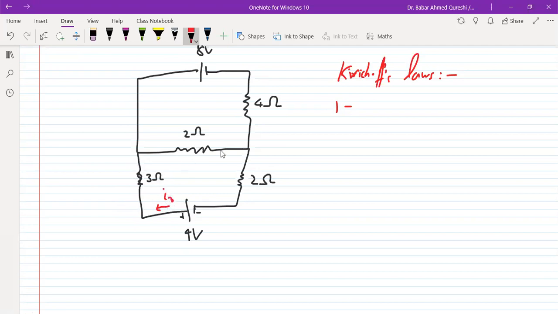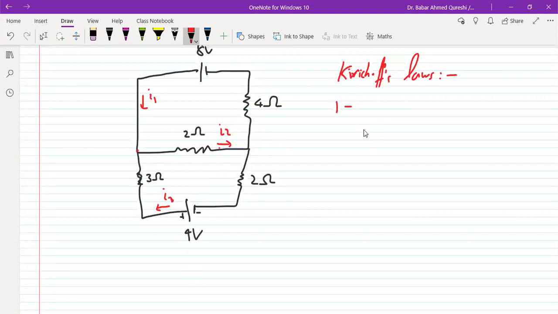I'm giving them some names, and you can give any direction to these currents. The direction will come out in our solution. Some current is flowing, and at this node, this current is dividing. I1 is dividing into I2 and I3.